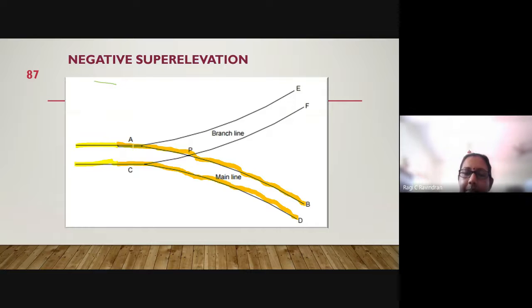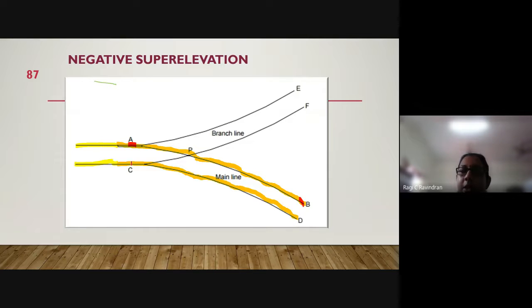And what we have mentioned in the last class, the inner rail level will be maintained as such, or it is the reference rail, and the outer rail will be elevated with respect to the inner rail. So from A to B, it will be raised above when compared to C to D.